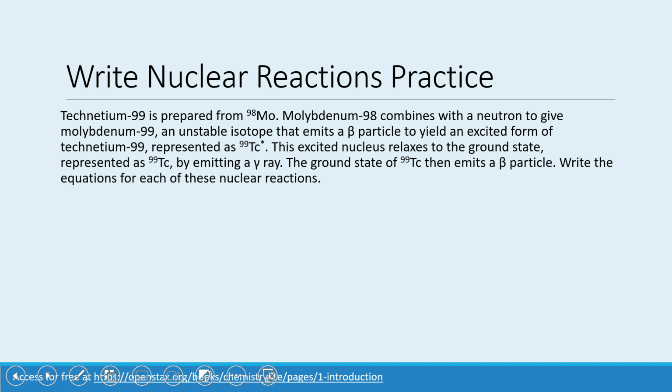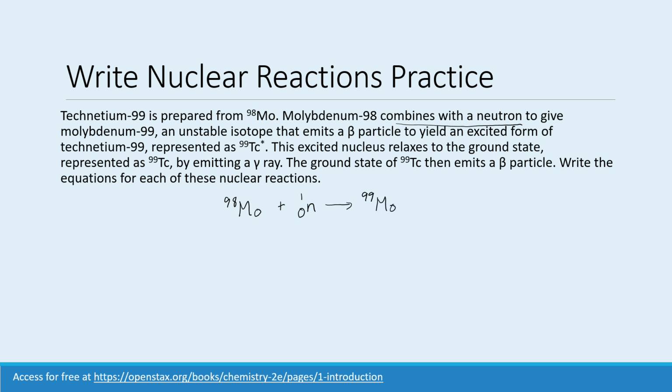Okay, so let's stop there and read that sentence. We've got the Mo-98 starting out, and it combines with a neutron. We know that a neutron will have a mass number of 1 and 0 protons. And that produces Mo-99.